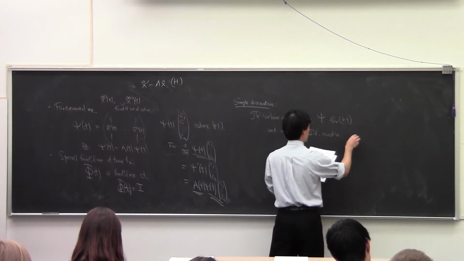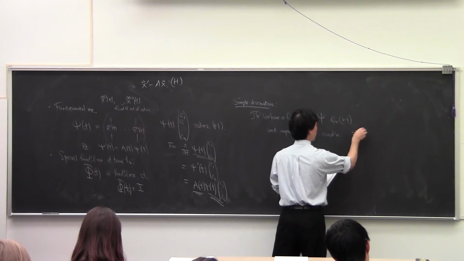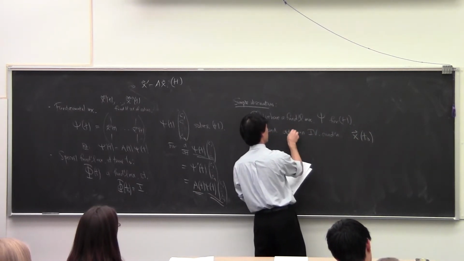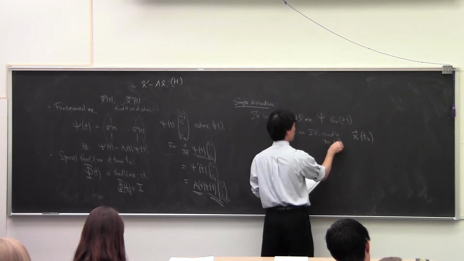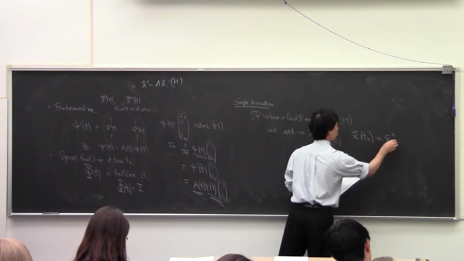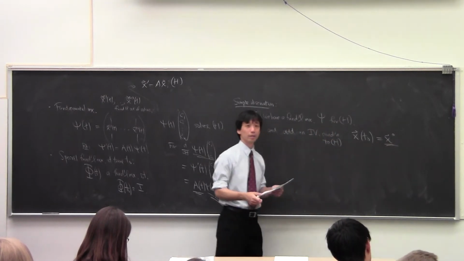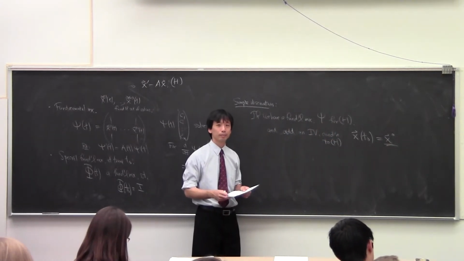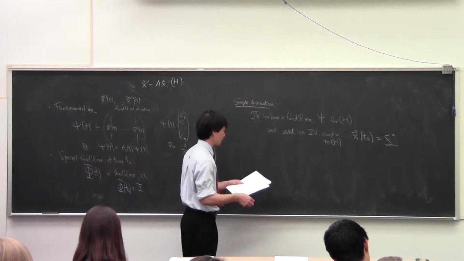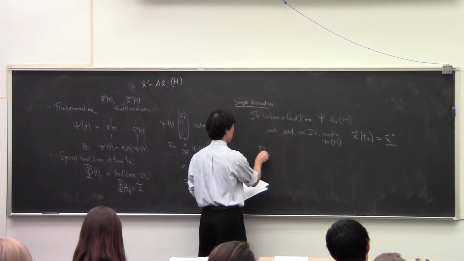We add an initial value condition to H, saying that at time t naught, we want to get the value x naught out of it.